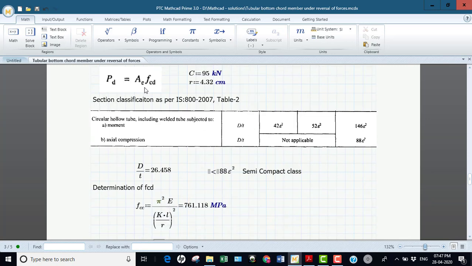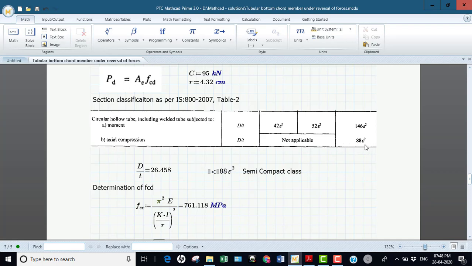Before calculating the design capacity, we should check the class of the cross section. According to IS 800 2007, Table number 2 gives the guidelines to classify your cross section. If it is a circular tubular section or welded tube subjected to axial compression, your D by T ratio should be checked against 88 epsilon square.